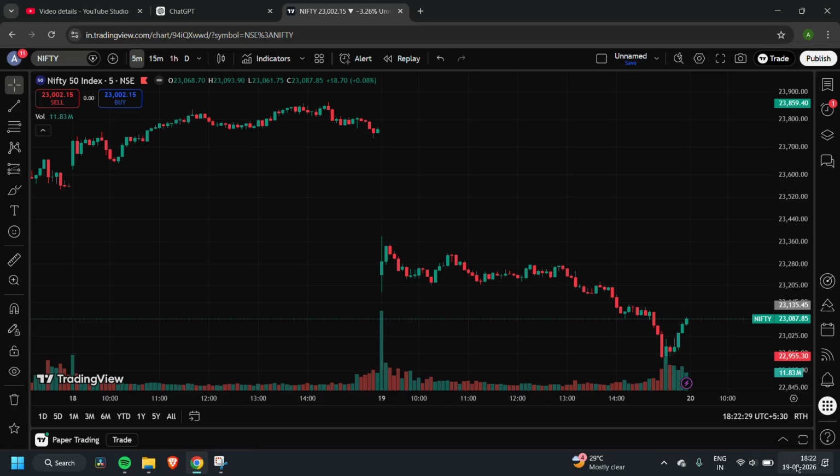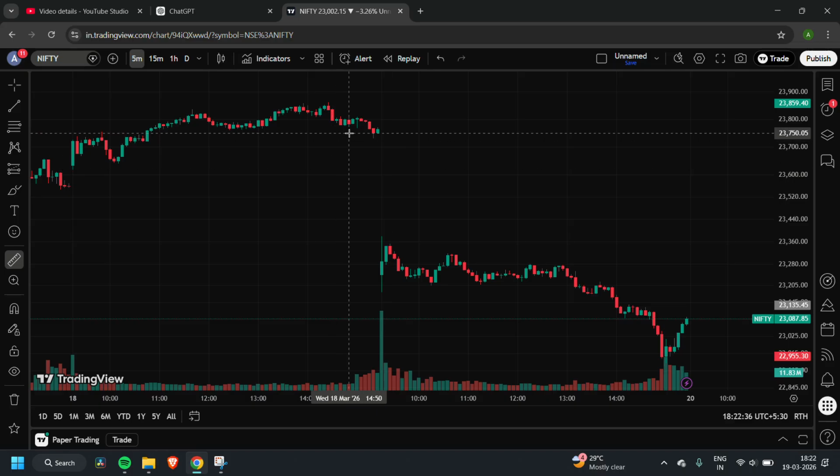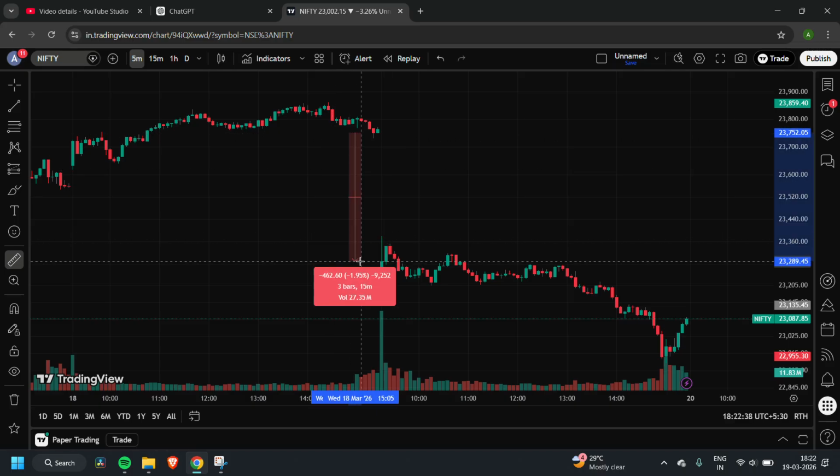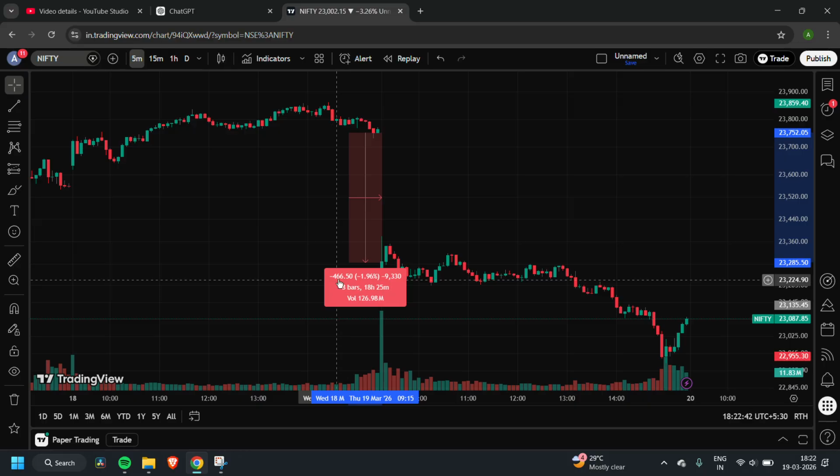If you see, today is 19th March and today the market is gap down like crazy. If you see, the market is gap down like 460 points, just as the market is opening.